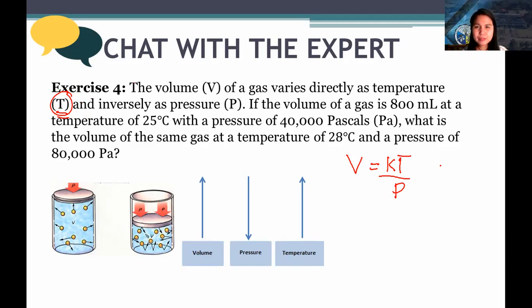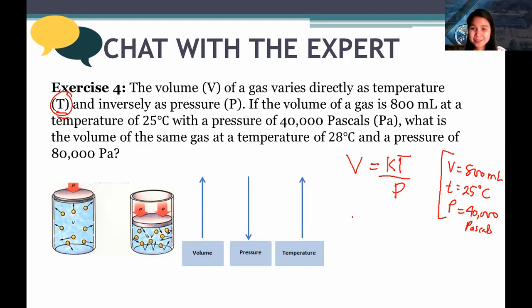Now, let's have our first set of given. The volume of the gas is 800 ml at a temperature of 25 degrees Celsius with a pressure of 40,000 pascals. Our K is missing.